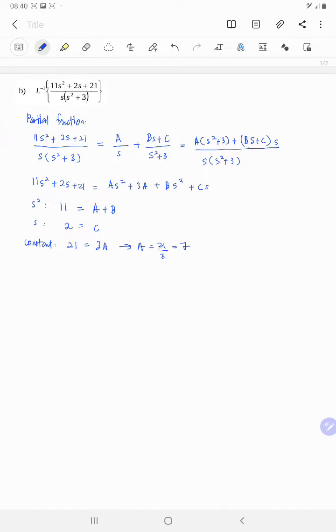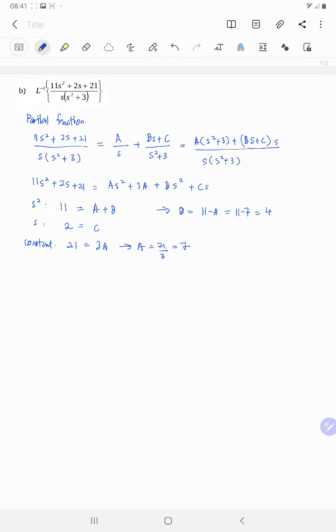Since we already know A and C, from here we know that B is 11 minus A, but we already know A is 7. This gives 4. Now we know that A is 7, B is 4, C is 2.